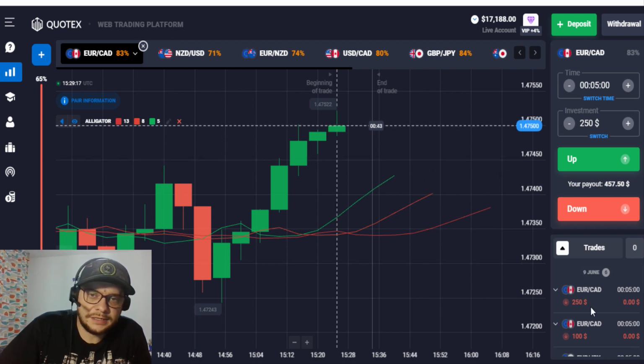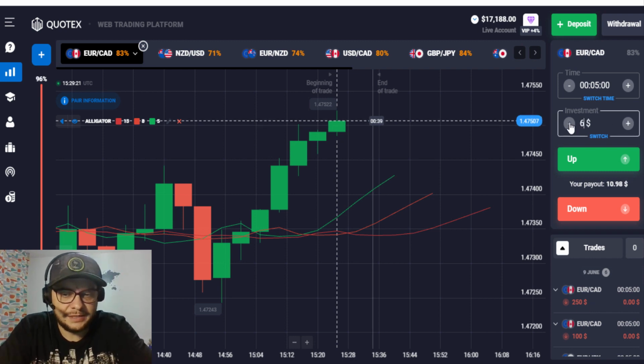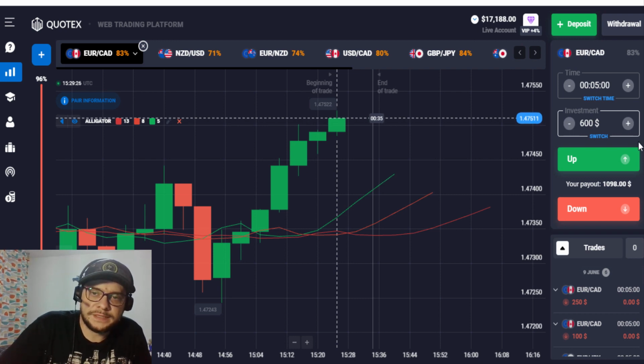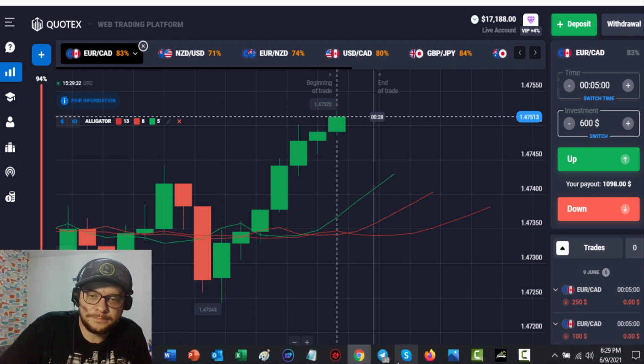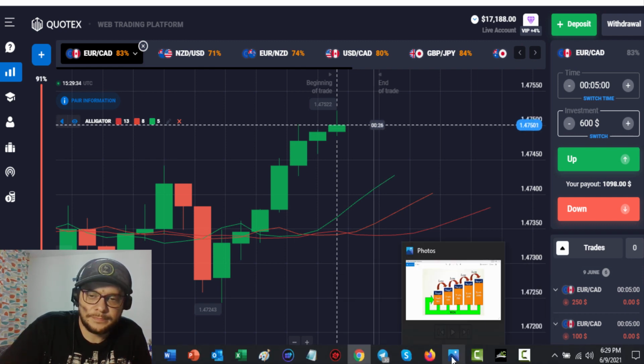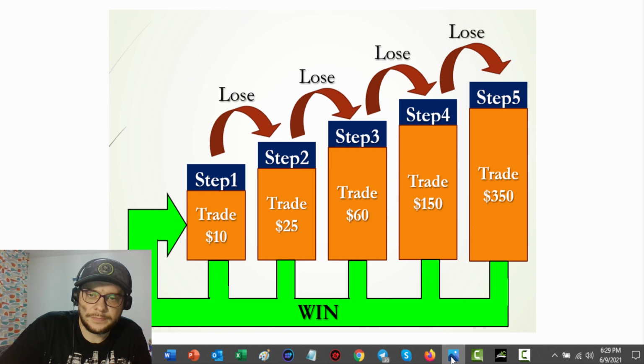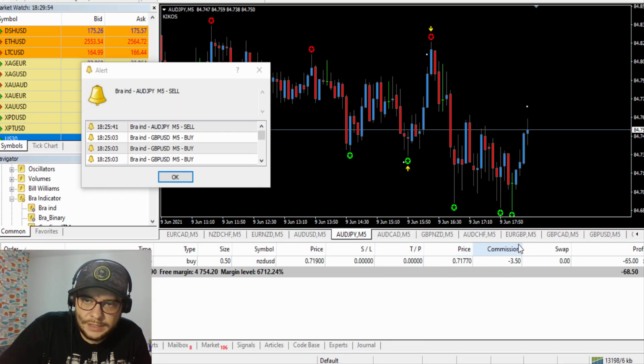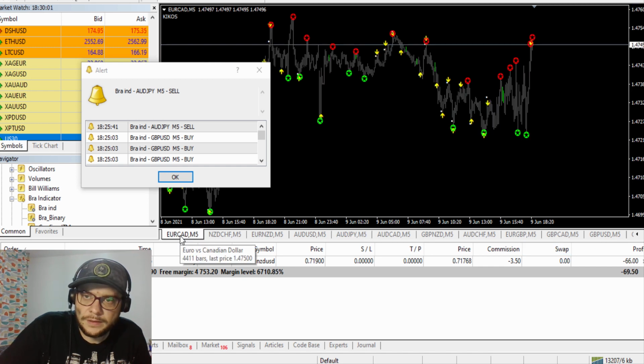Euro Canadian dollar is not pulling back yet. Let's raise to $600. This is the third part of the Martingale system. Let's see a little bit of the chart here, Euro Canadian dollar. And here it is.